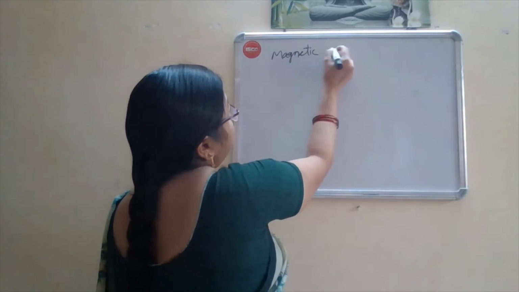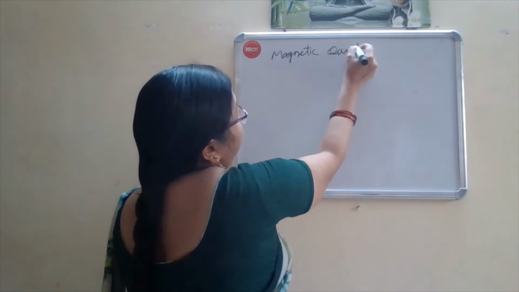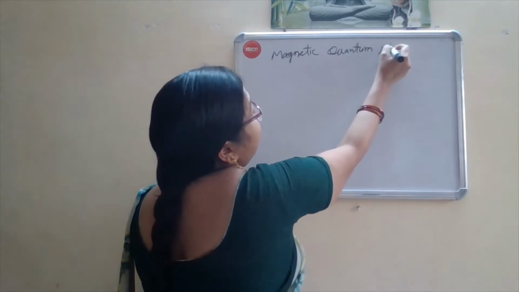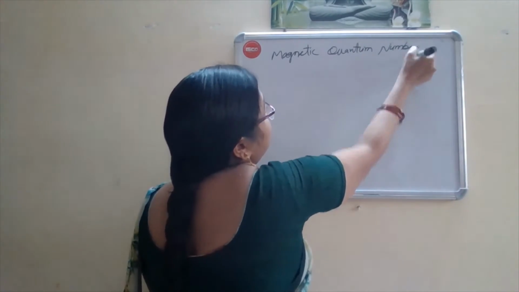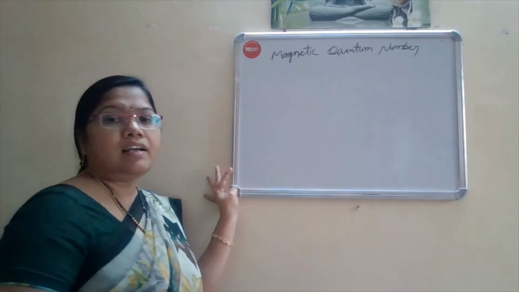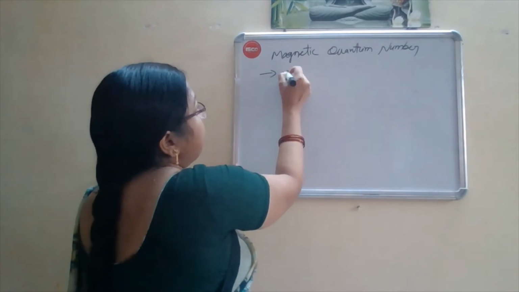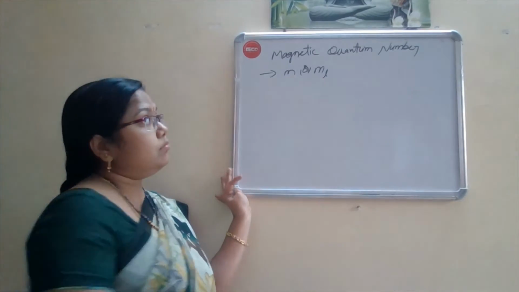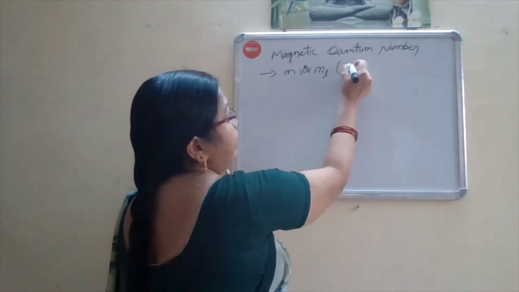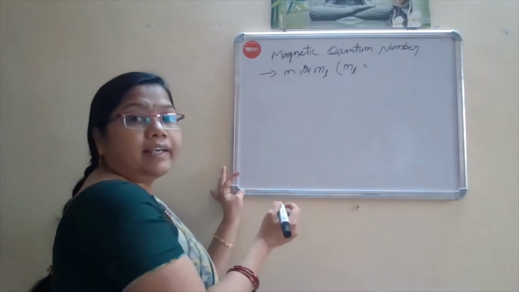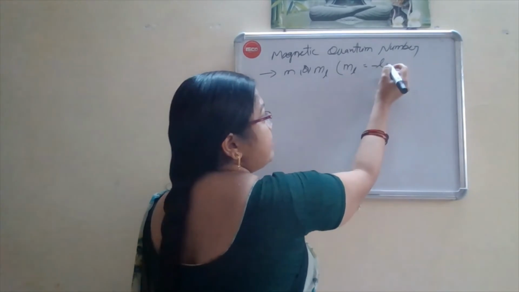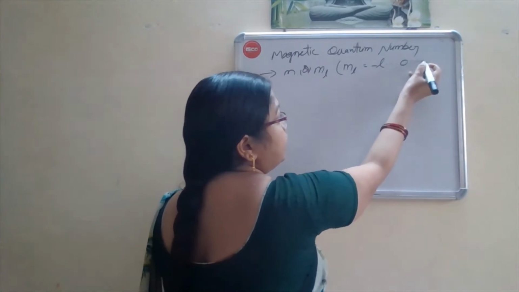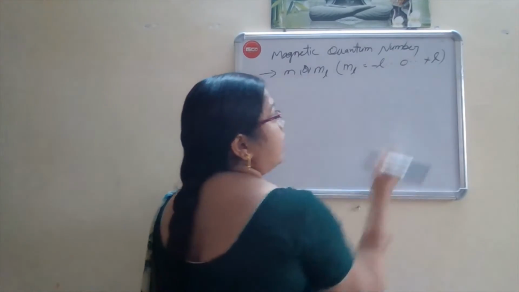Third one: the magnetic quantum number. It is denoted by the letter m, or m_l. Magnetic quantum number values start from minus l through 0 to plus l.